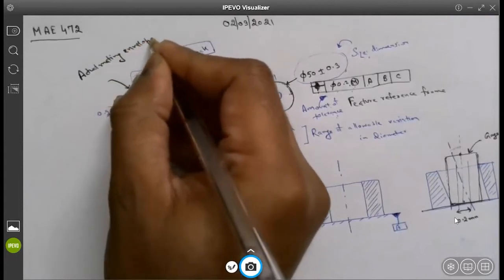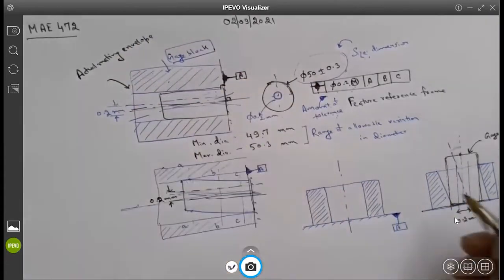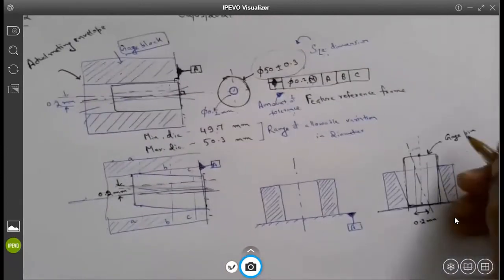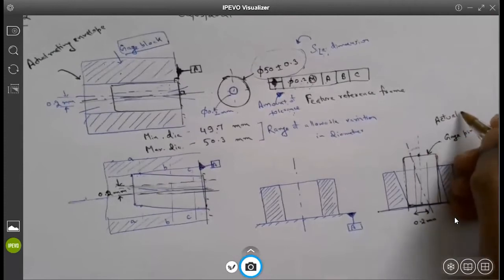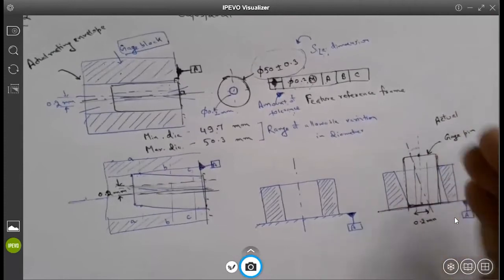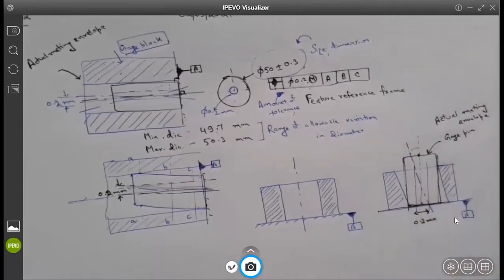For cylindrical parts, the actual mating envelope is defined by the gauge block. For the holes, the actual mating envelope is defined by the gauge pins that we use to measure the orientation or offset of the axis. Actual mating envelope. Makes sense to everybody so far?